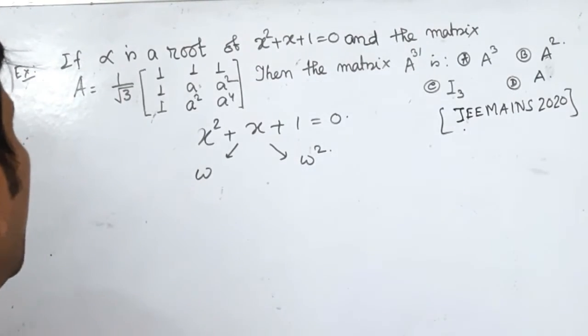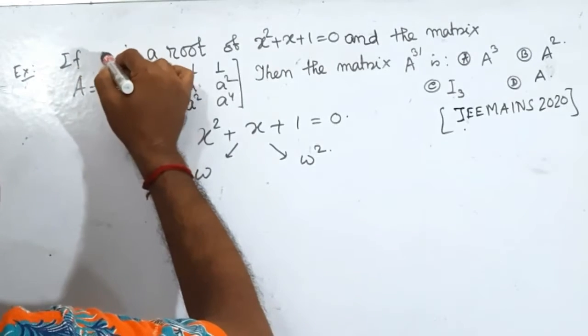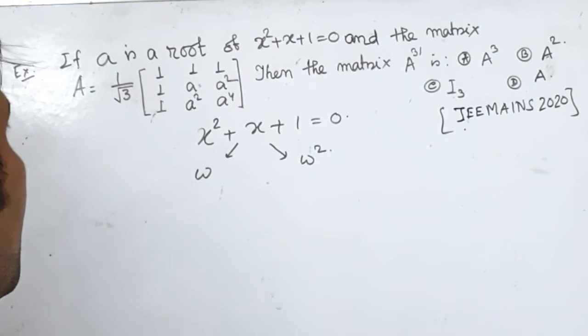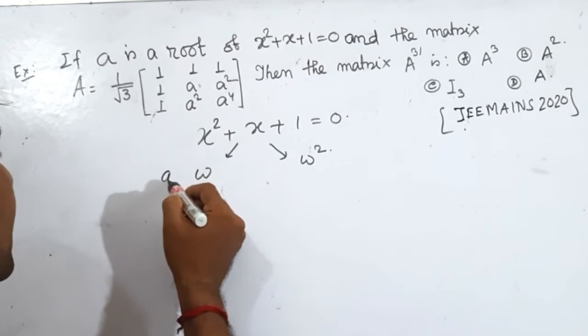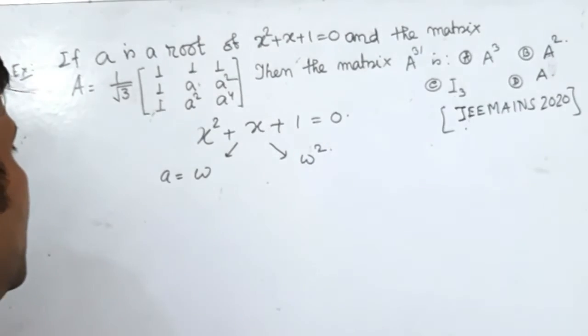Now if alpha is a root of this, that means either alpha is omega or alpha is omega square.